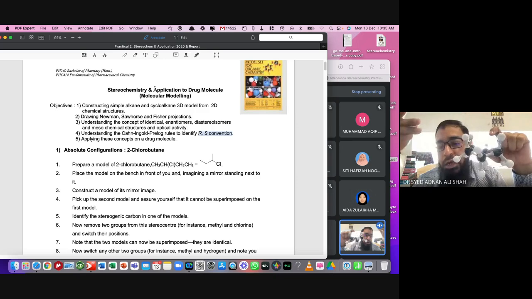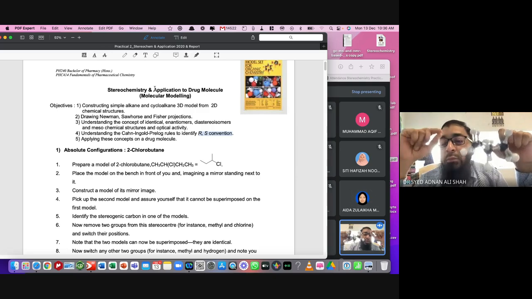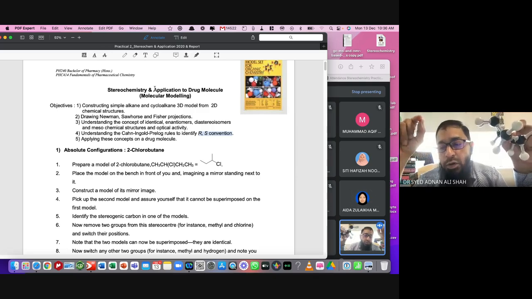For example, in the case of cyclohexane, there are different conformations: the chair conformation, boat conformation, twist boat, and so on. They are different conformations of the same molecule. They are identical molecules.